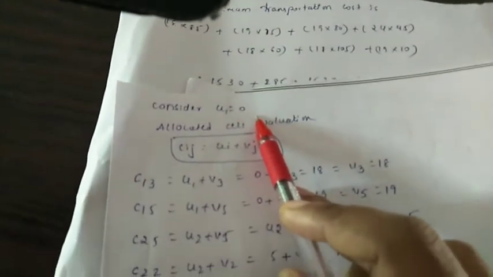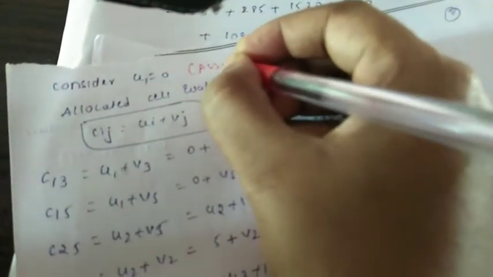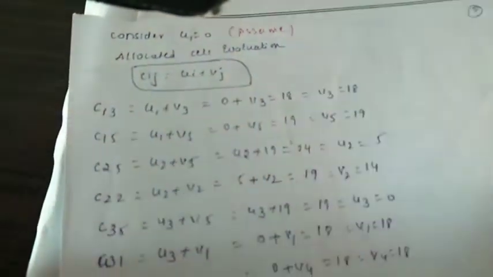How do we calculate the values of u1, u2, u3? First of all, we assume u1 is equal to 0.